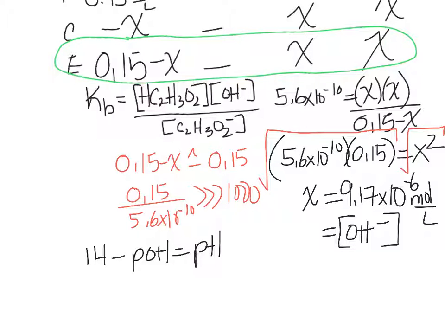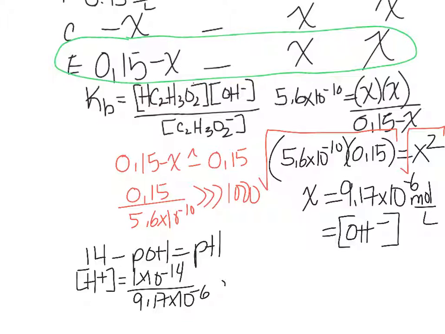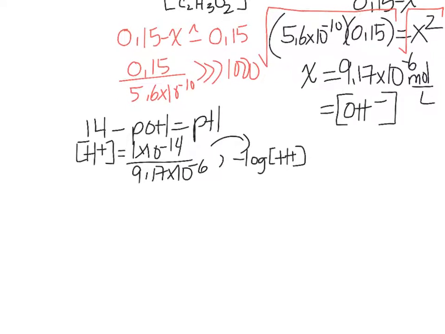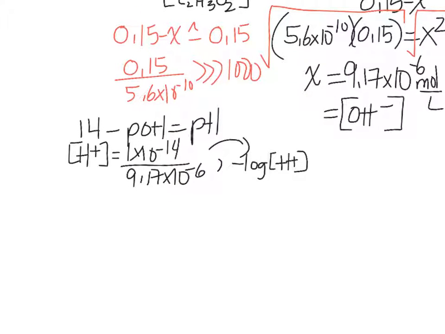So 14 minus the negative log of 9.17 times 10 to the negative 6, or figure out what your H plus ion concentration is, and take the negative log of that value.